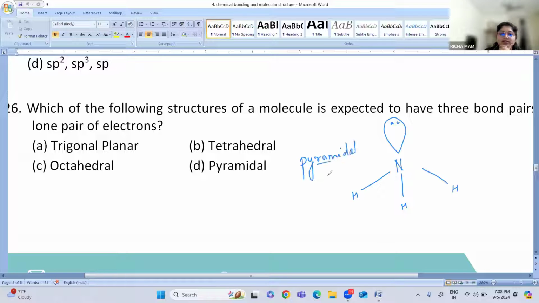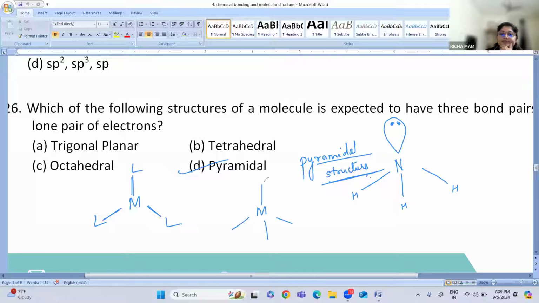It is called the pyramidal structure. So option number D. If a molecule is expected to have 3 bond pairs and 1 lone pair, then the type of structure which it shows is a pyramidal structure. Trigonal planar means a triangle-like form.